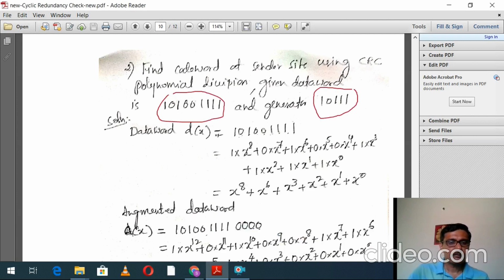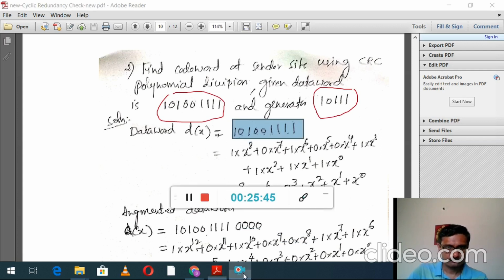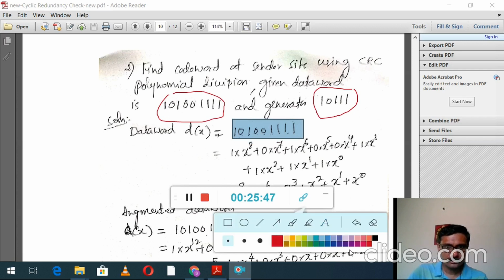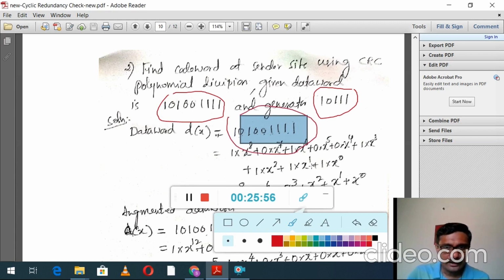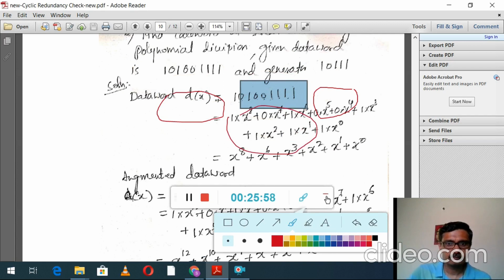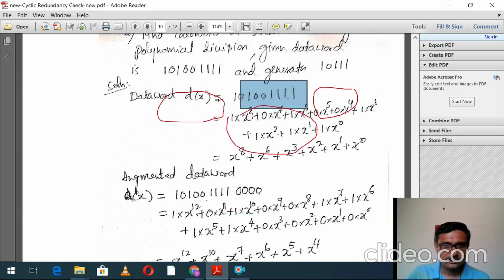So we represent the data word as d of x. This is your d of x here. And you represent that using the polynomial representation.